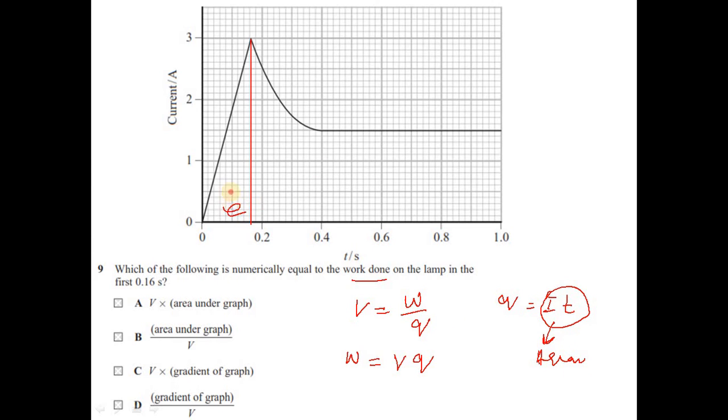So this region is I into T. So W, the work done, should be equal to V into area under graph. That means the option is A.